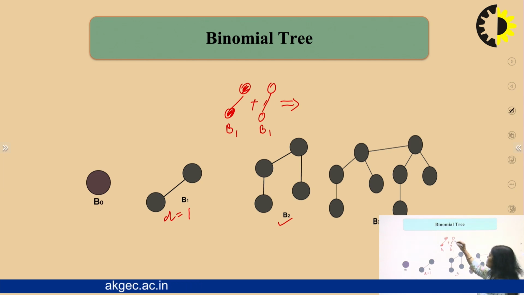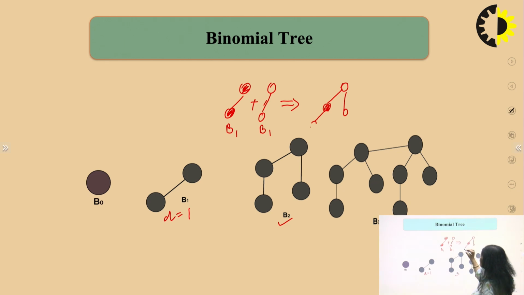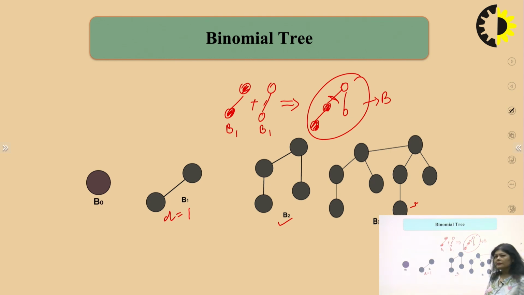Just by connecting these two and making one the left child of the other. So this is the way we are creating it. This is the subtree that we have attached as a left child of the other binomial tree. So now this whole component represents a binomial tree with degree 2. You can see this is the structure that we are getting.